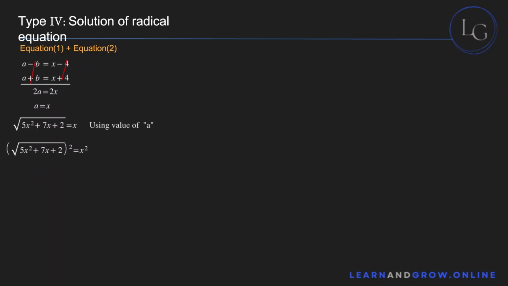So you'll square on both sides. This radical sign will be cancelled out. And so you'll get a quadratic equation.